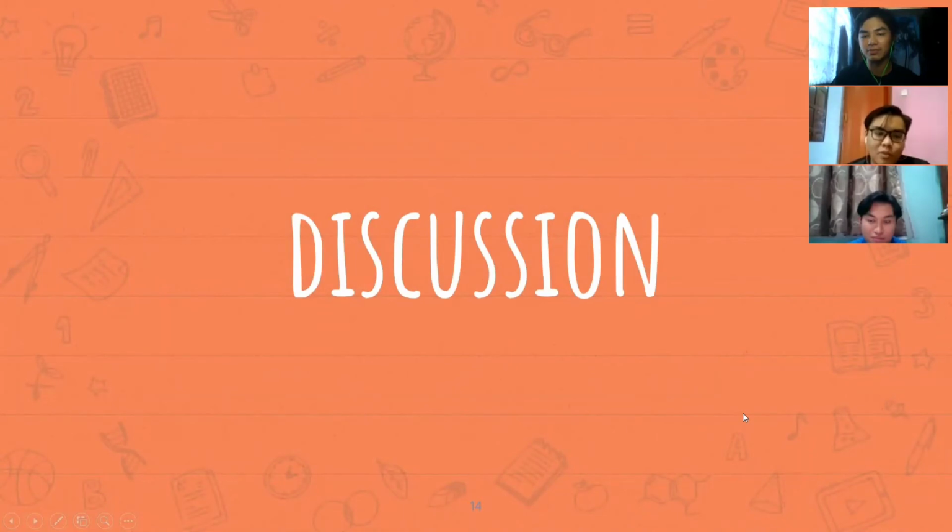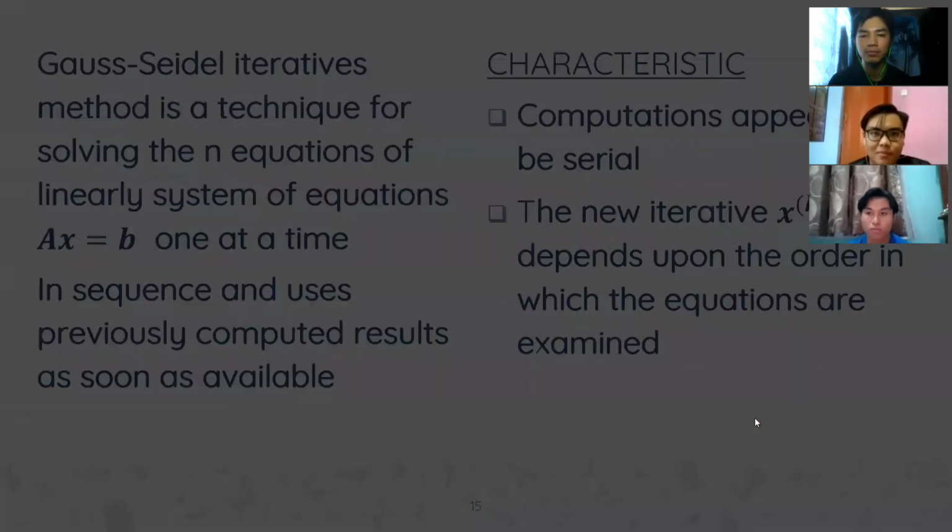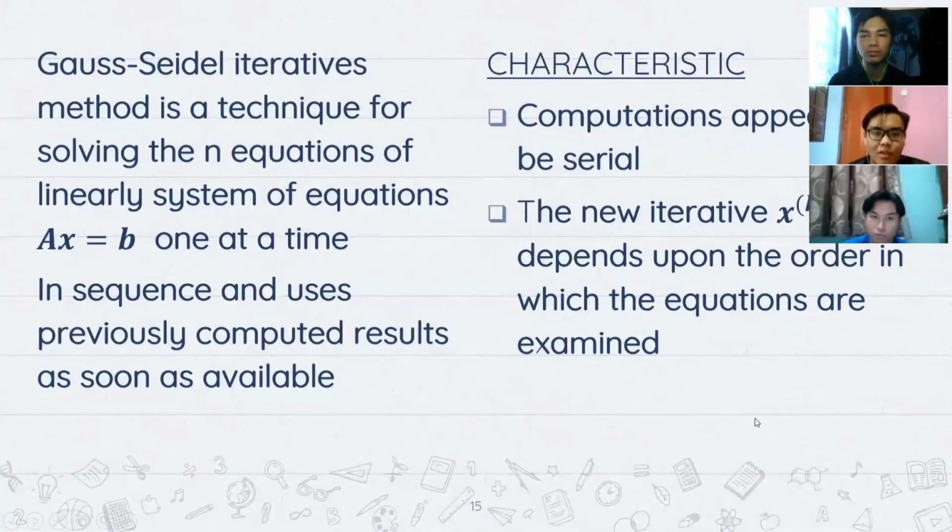Now that we have finished answering the question, we are going to move into the discussion part. The Gauss-Seidel iterative method is a technique for solving n equations of a linear system of equations Ax equals b one at a time in sequence, using previously computed results as soon as available.